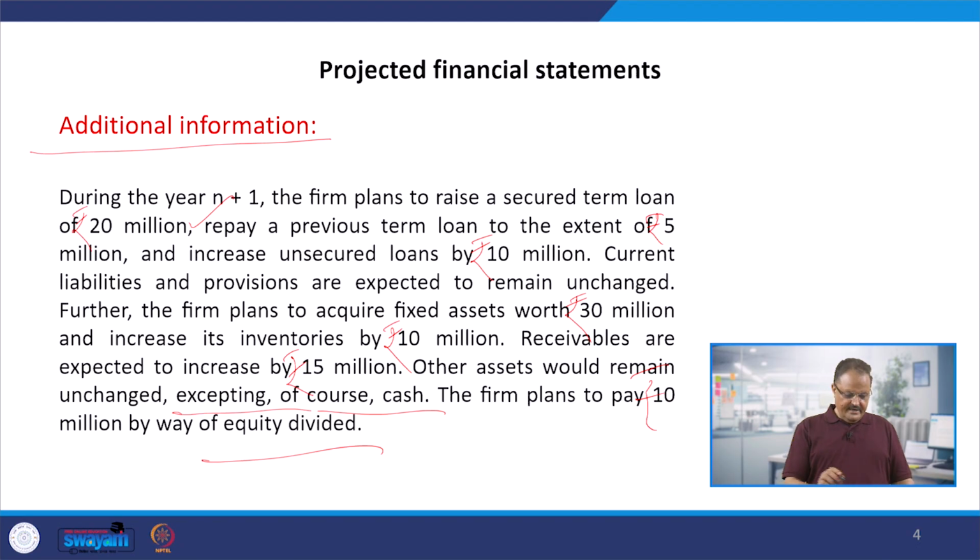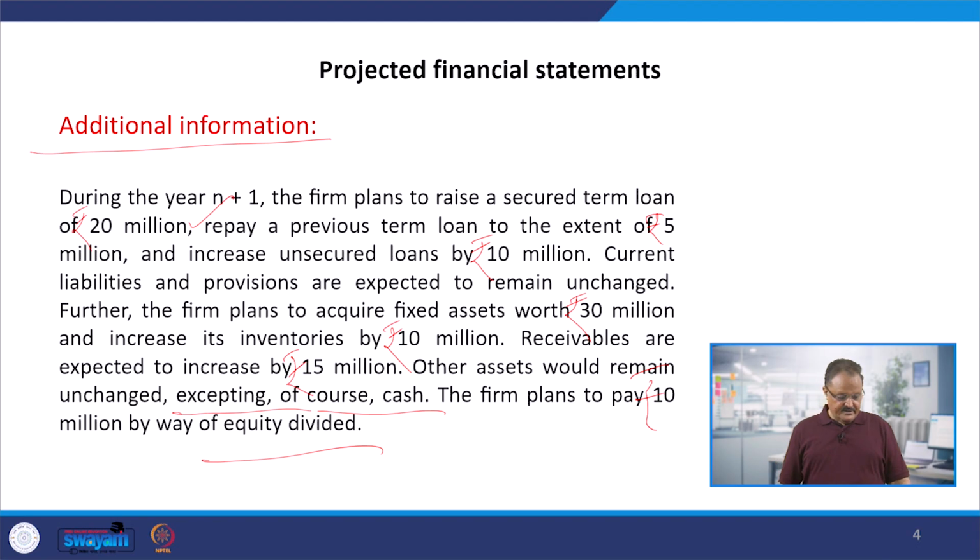So you are given here that during the year n+1 the firm plans to raise a secured term loan of rupees 20 million and repay a previous term loan to the extent of 5 million. So it means the net increase in the current year will be how much? 15 million, because we want to raise an additional 20 million and we want to repay 5 million. So the net increase in the secured term loan will be 15 million, and increase in unsecured loan by 10 million, right?